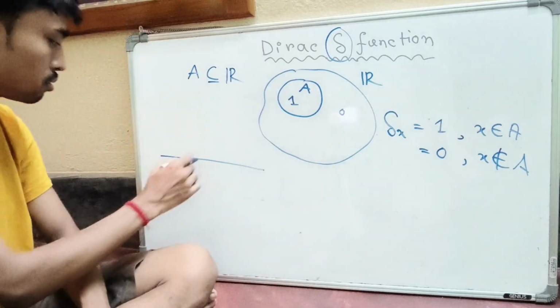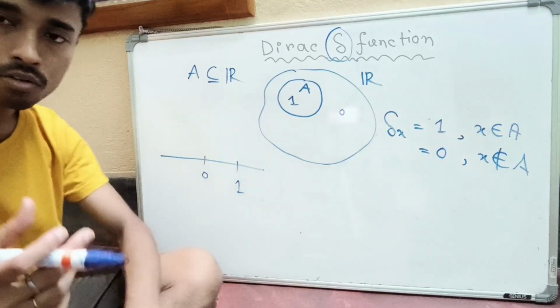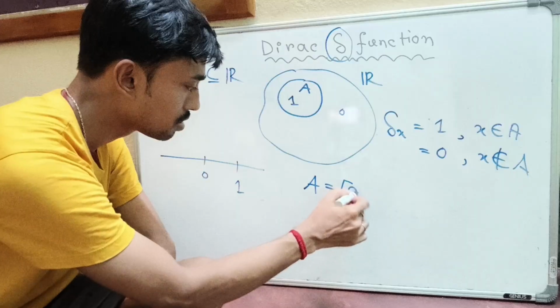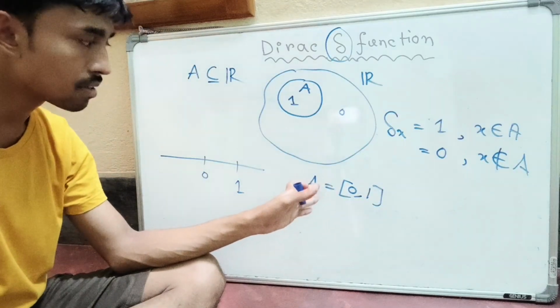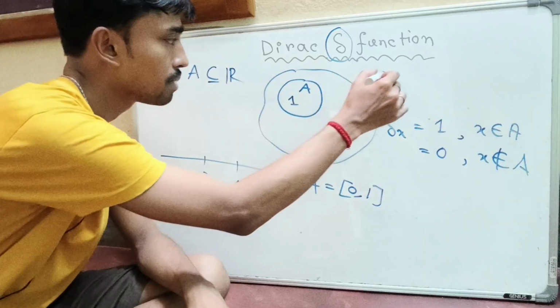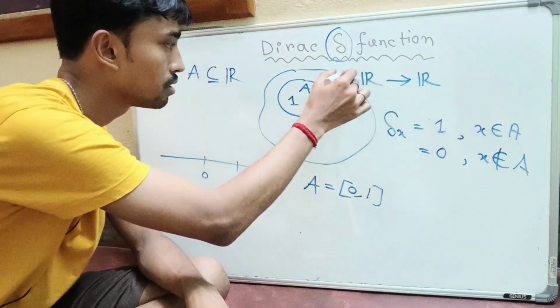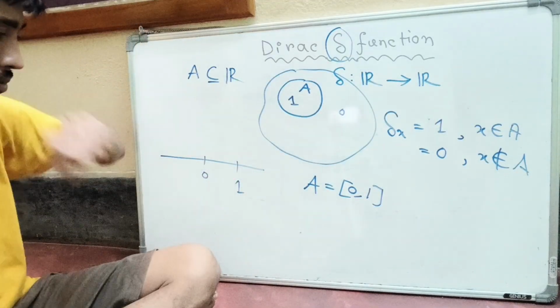That is 0, and that is 1. If I take A as the closed interval [0, 1] and define the Dirac delta function on R, of course the function maps from R to R.